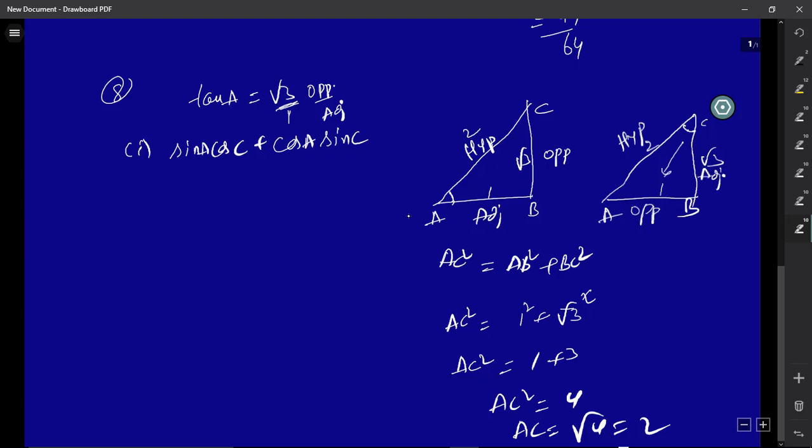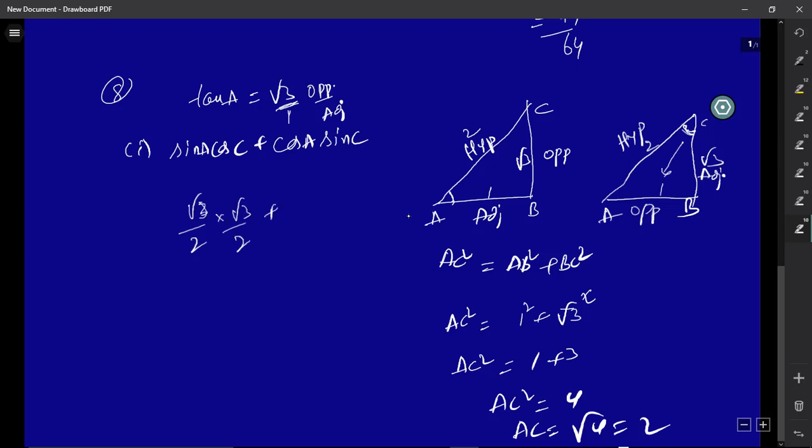Okay, let's find out. Sine A, everyone knows that sine is opposite by hypotenuse. So the opposite side is √3 by hypotenuse 2. Cos C, we know that cos is adjacent by hypotenuse. The adjacent side with respect to angle C is √3 by hypotenuse 2.